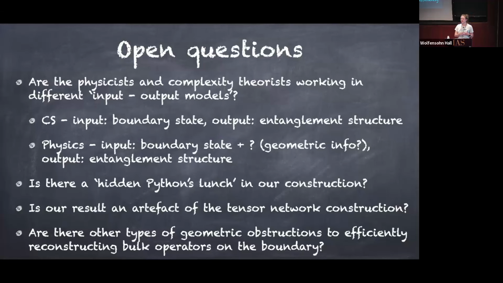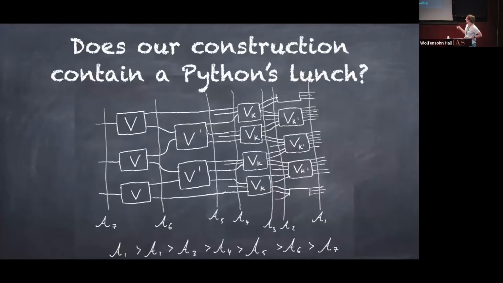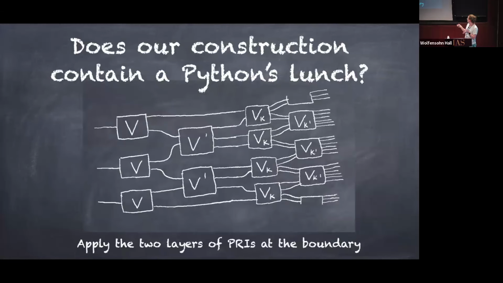I don't know if this is exactly an answer to the question, but maybe it helps. I think the reason the Python's lunch conjecture intuition is failing is because before we added the initial random key here, each of these tensors is an isometry.